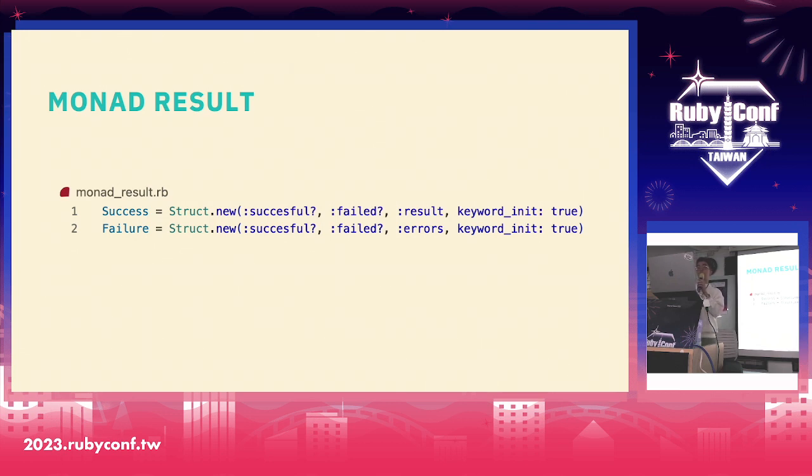We just wrap it with an OpenStruct, and it gives us a simple way to define a success or failure step using two attributes: successful or failure. The successful one carries the actual result, while the failure carries the error detail, both using the same structure for consistency. So with this approach, we can handle error-prone operations functionally and clearly.